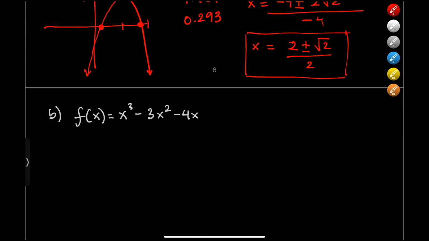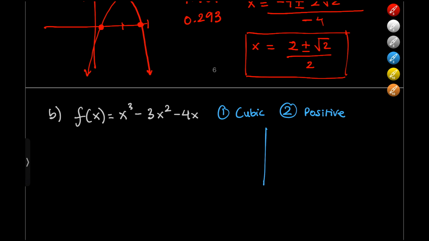And so some things we can know about this function is that it's cubic, and the second thing is that it is a positive cubic, meaning that the graph is going to look something like this, or it's going to have the same shape as that.